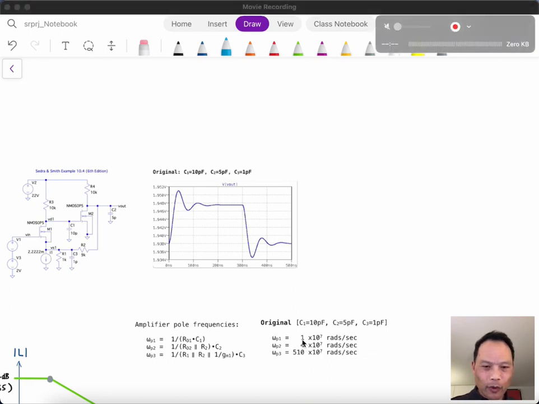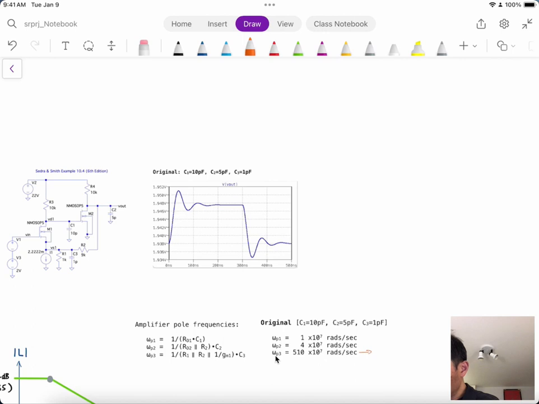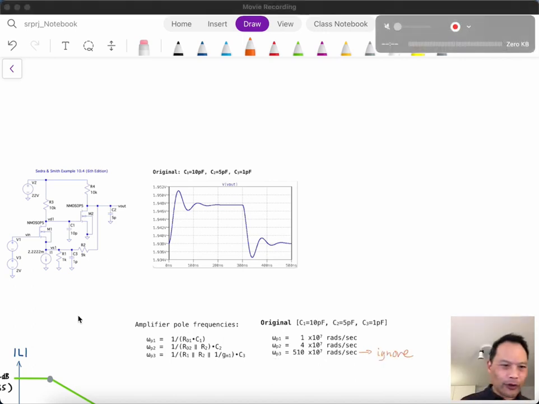So you can see 1, 4, 510; the third is at such a high frequency that we can ignore it, so it's helpful to know you don't have to consider C3. We'll think more about C1, C2, and omega P1 and P2.